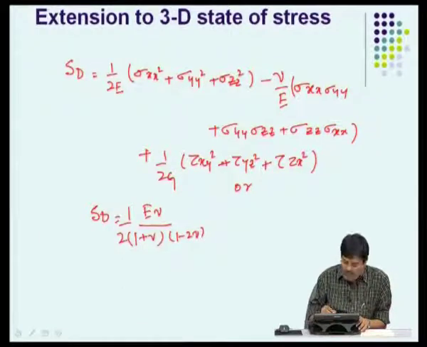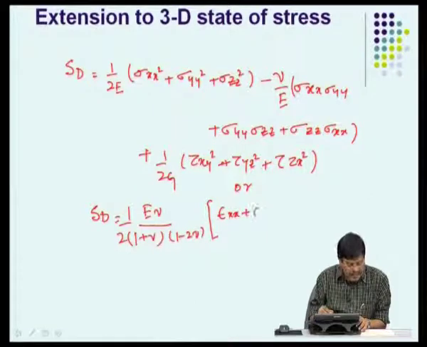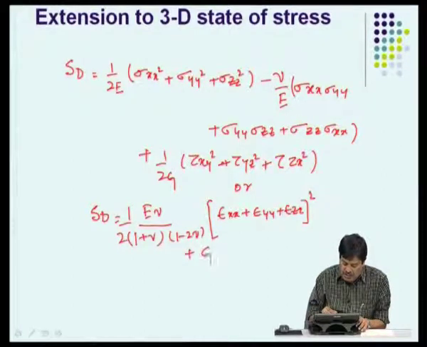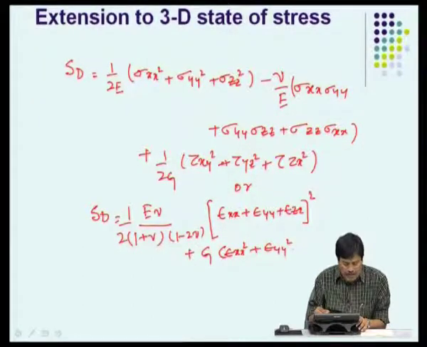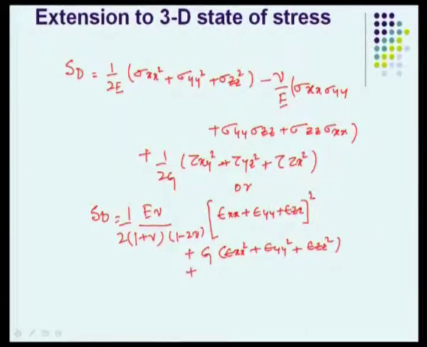Here you will have epsilon xx plus epsilon yy plus epsilon zz whole square, plus G into epsilon xx square plus epsilon yy square plus epsilon zz square, plus G by 2 into gamma xy square plus gamma yz square plus gamma zx square.